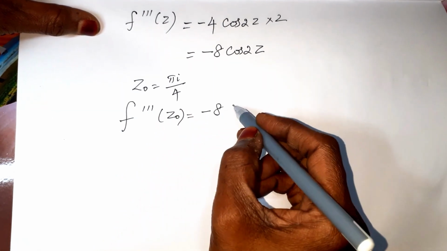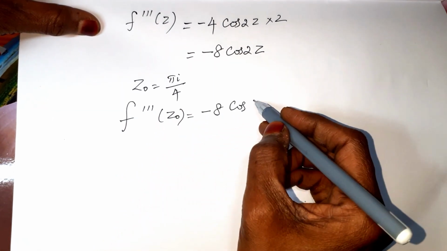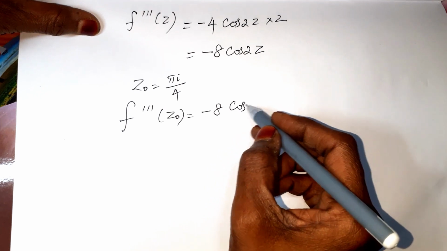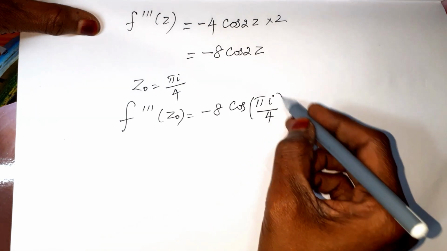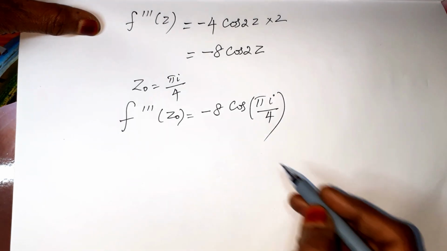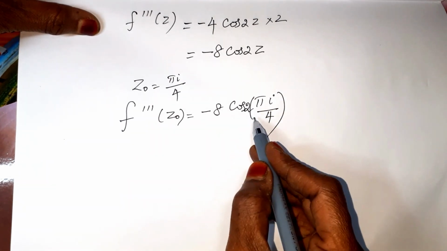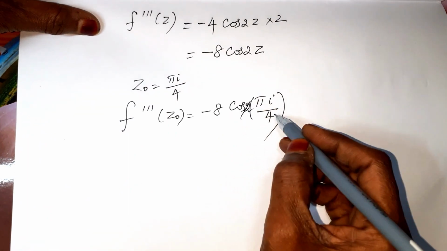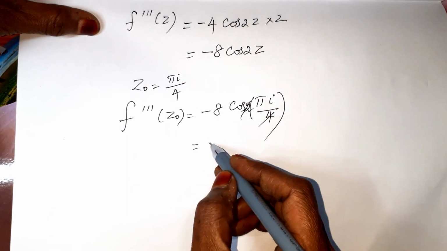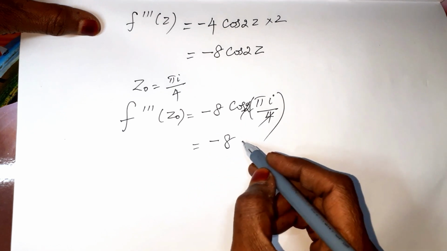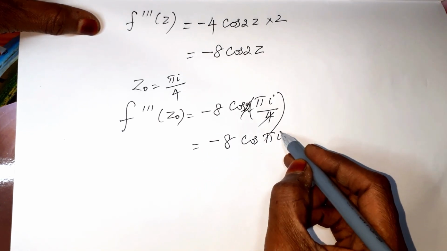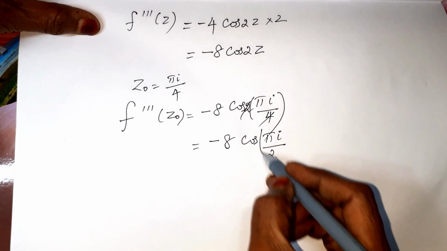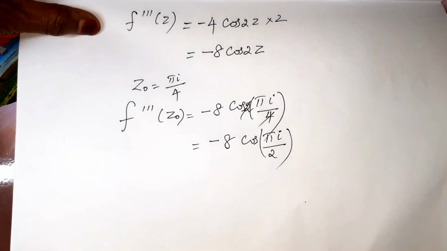Minus 8 cos 2 into pi i by 4. So this and this will get cancelled. So it is minus 8 cos pi i by 2.